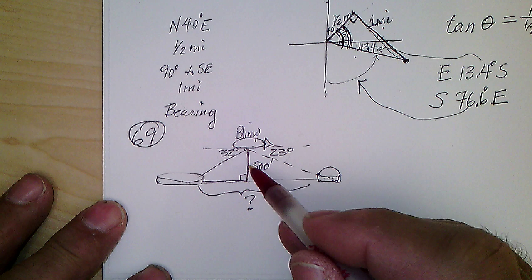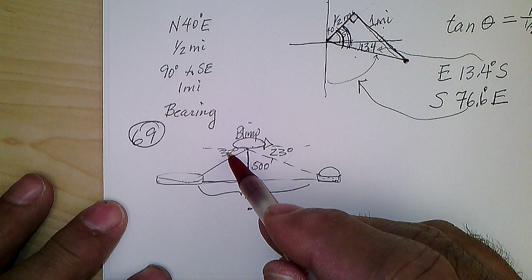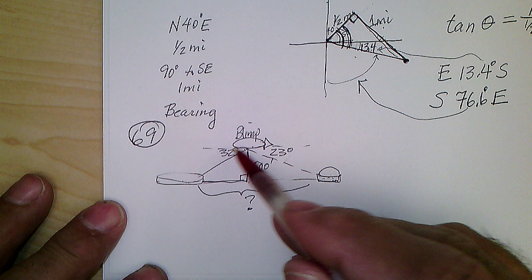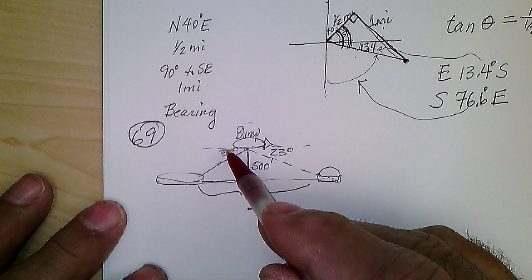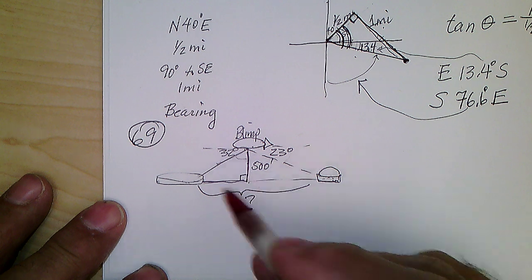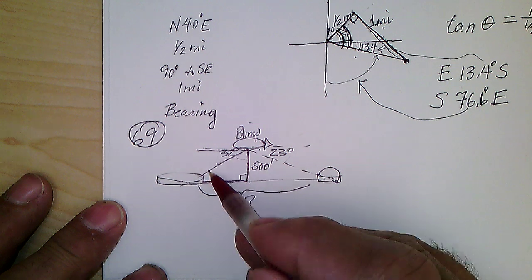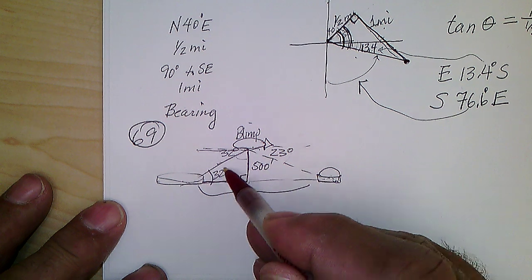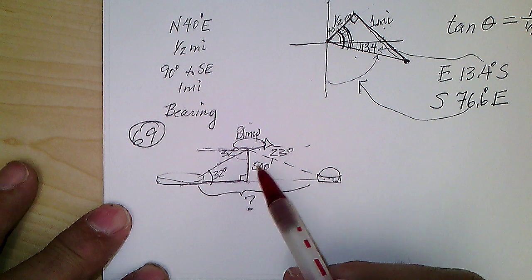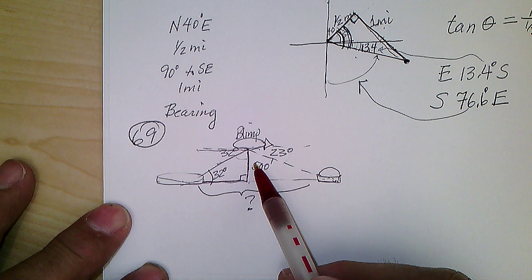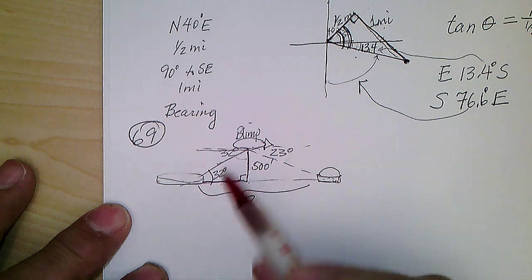See, this would be 500 feet. 32 is this angle, and we can subtract it from 90 and get this one, but I also know that if that is parallel to the ground, this has to be 32 degrees. So I will use that and say that's the opposite, and I need the adjacent.